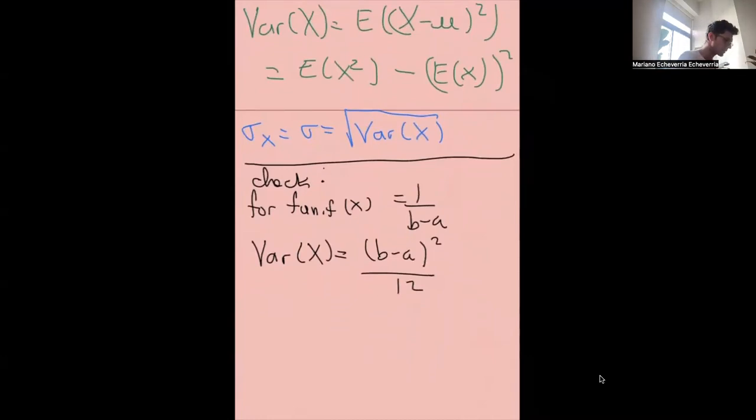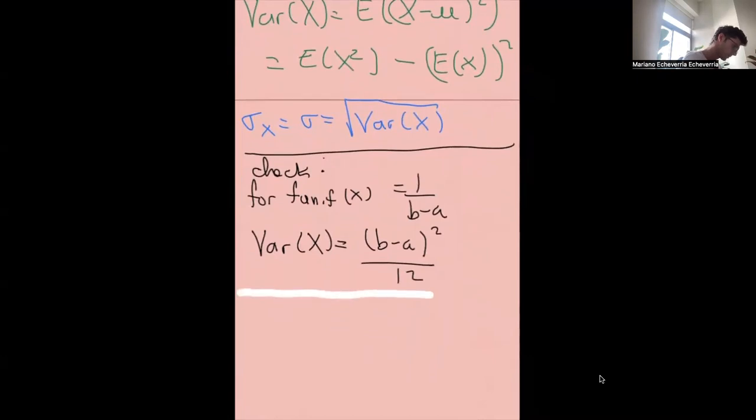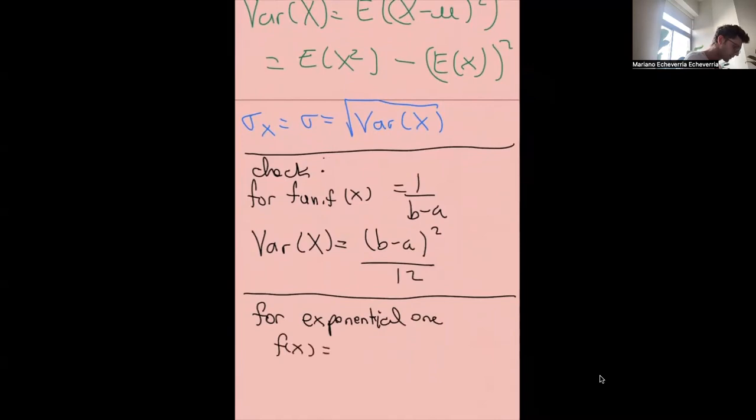And then for the exponential one that we have been discussing, lambda e to the minus lambda x for x non-negative, the variance is just 1 over lambda squared.